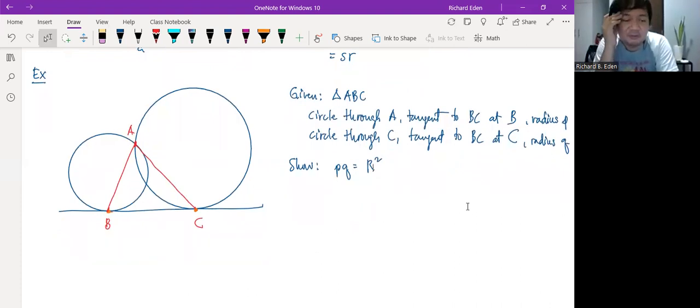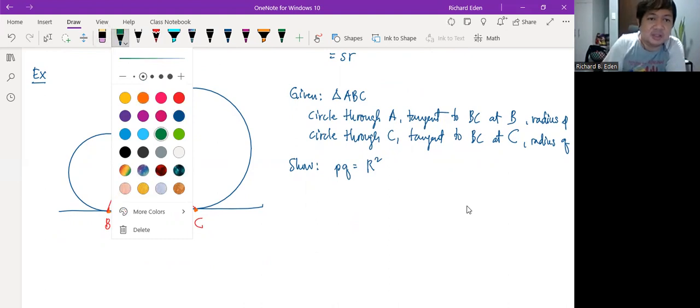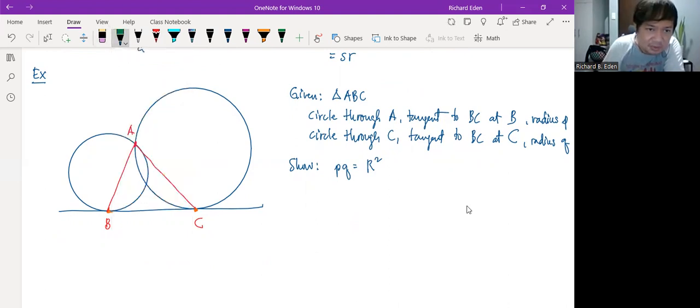We have to utilize the fact that B is the point of tangency. Okay, so hanapin natin ang center niya. Okay, so ang center nandito. And then from that center down to B, 90-degree angle dapat. And then P is the length.